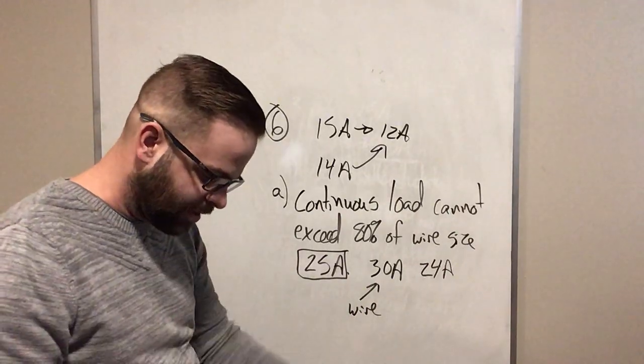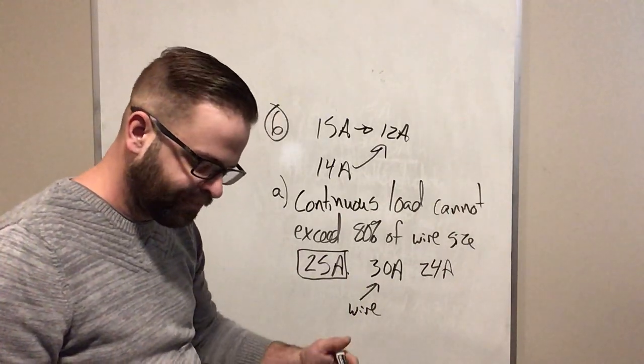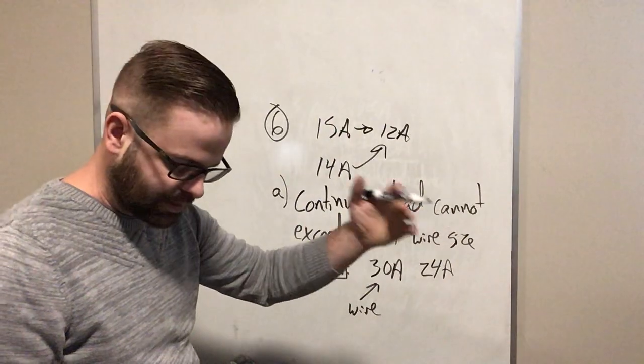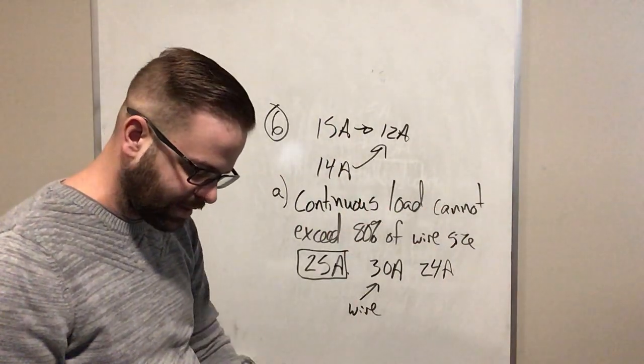So two very close rules between the two. One just has a breaker at 100%, and then this one's looking at 80%.